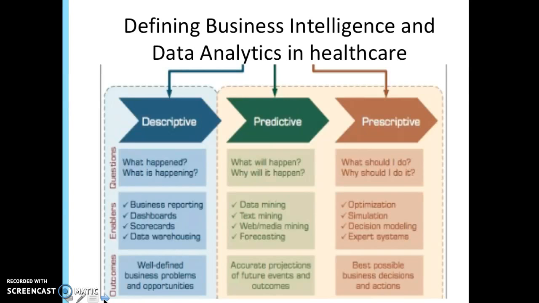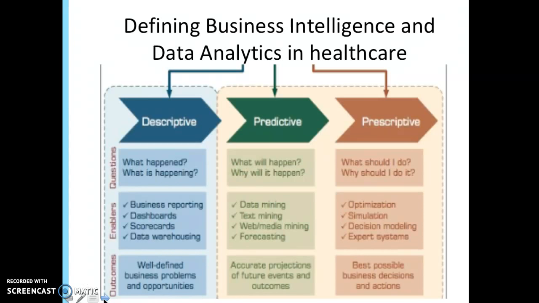Under the descriptive column, business intelligence can answer questions such as what happened? So what has happened in the past, looking at historical data. And sometimes it can also answer questions, what is currently happening if your data is close to being real time? Enablers for descriptive business intelligence include reporting, dashboards, where you have many different tables and visualizations together, scorecards, so scorecards are sort of like report cards, and data warehousing.